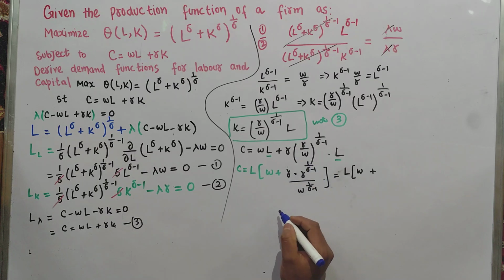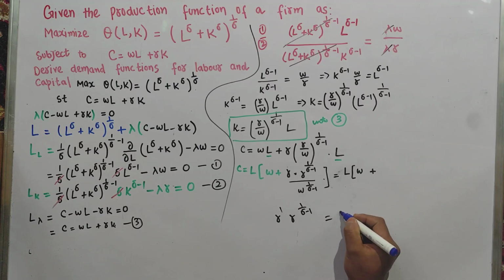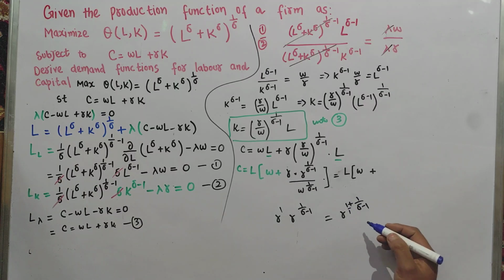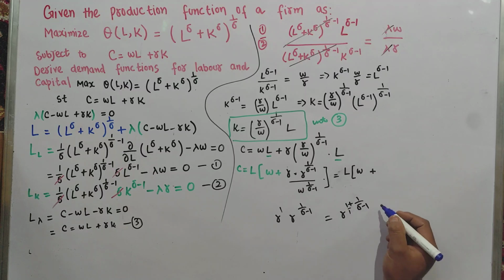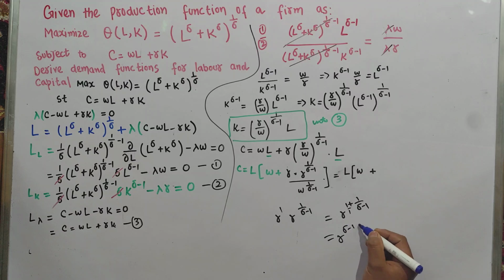So the bases are the same, so we can add the exponents. We get R times R raised to the power 1 divided by (delta minus 1), so we will get R raised to the power 1 plus 1 divided by (delta minus 1). Doing cross multiplication in the exponent, we will get (delta minus 1 plus 1) divided by (delta minus 1).